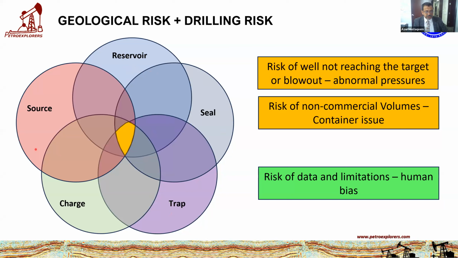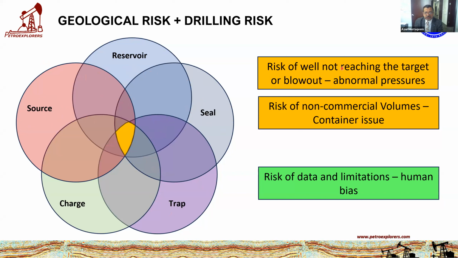So source has been the most important. It is becoming the bigger circle in the reservoir risk, but that's without going into unconventional. In a conventional way, you need to reduce all these risks in order to get a successful well. But that is not the only thing.